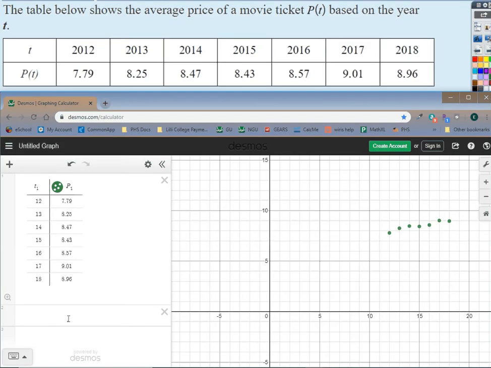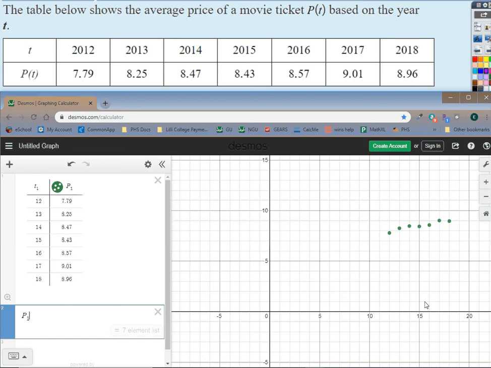So I've got all this data in there. All I've got to do is go down to the next row, and I want to find out what the regressional model is that's going to predict the price as a function of year, right? So I'm going to do P sub 1 because that's the heading of my output data, right?